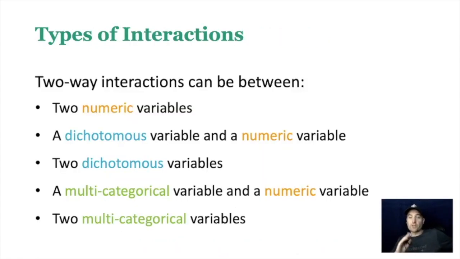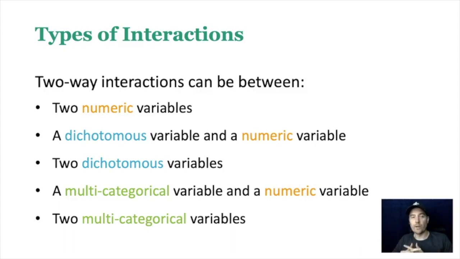So we're going to focus on two-way interactions. Two-way interactions is when two variables interact. So if there's a two-way interaction, that also means there's a 3, 4, 5-way. So there's many more complicated versions of an interaction. We're just going to focus on a two-way interaction in this class.